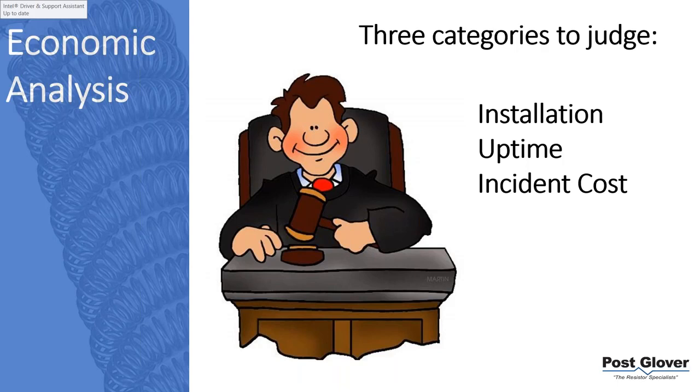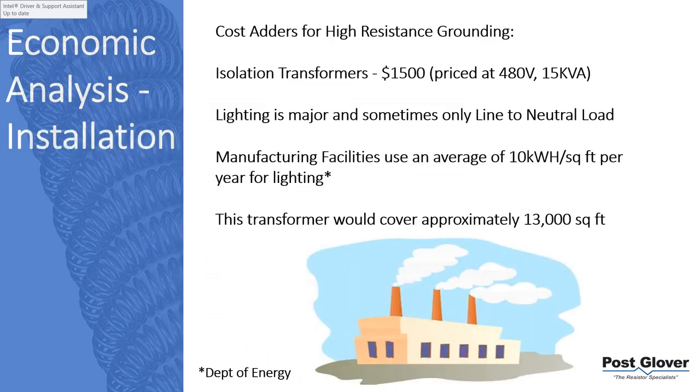We're going to go through the different parameters of a high resistance ground versus solid ground analysis, and then hopefully figure out how to do that with our own systems. There are 3 categories to judge: installation, uptime, and incident costs. So let's talk about installation.